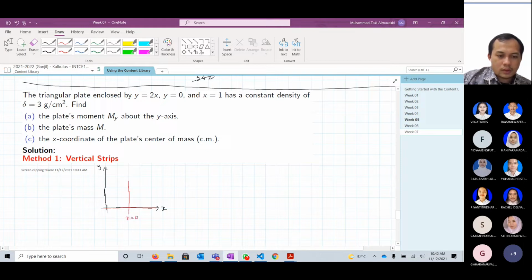This is x equals 1, sorry. And here is y equals 0, and bounded again by y equals 2x.